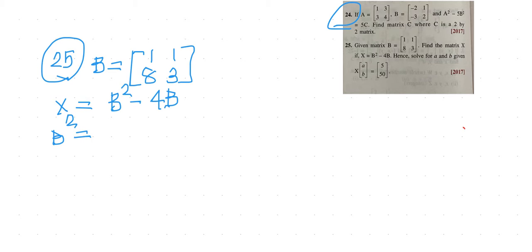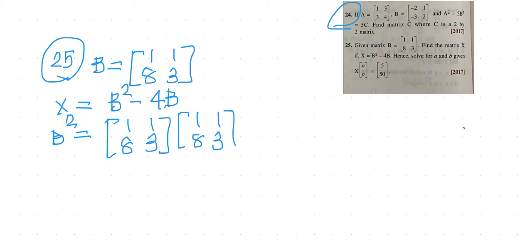So B square is equal to [1, 8; 1, 3], which will be multiplied by again [1, 8; 1, 3]. Okay, so how much are you getting? This will be equal to, children, 1 into 1 is 1 plus 1 into 8 is 8. Now 1 into 1 is again 1 plus 3.